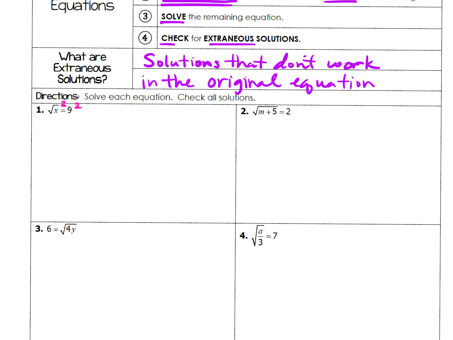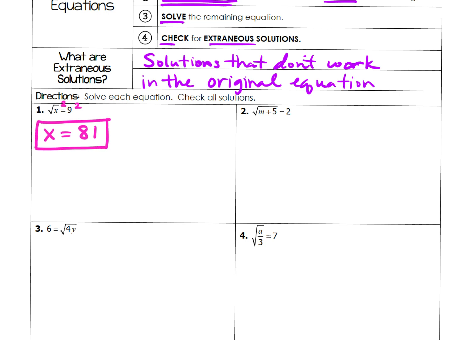What happens when you square the square root of x? It's x. When you square and square root something, whatever's under the radical is the thing you're left with. So this is going to be x equals what? 81. That's your answer, because we know what x is.